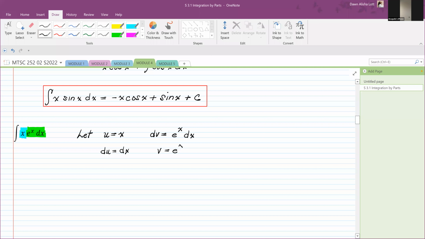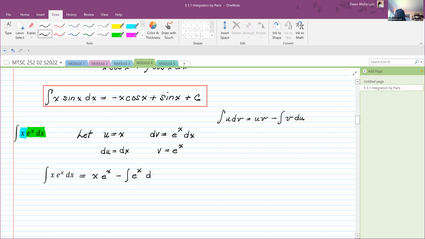Okay, so I have everything: u, dv, du, and v. Once I get that, I'm set. Remember, the integral of u dv is equal to uv minus the integral of v du. Okay, so let's pull my integral down. What's u? x, times v, e to the x, minus the integral of v, e to the x, du, dx.